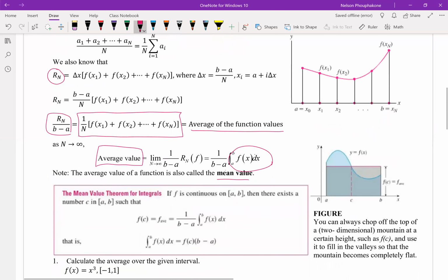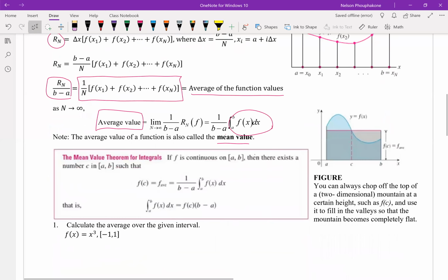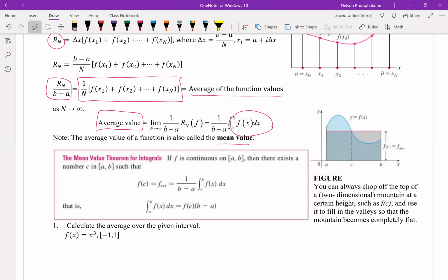Now here is the theorem, the mean value theorem for integrals. If f is continuous on [a, b], then there exists a number c in [a, b] such that f of c equals the average of the function values, equal to 1 over b minus a, integrate between a and b of f of x dx.